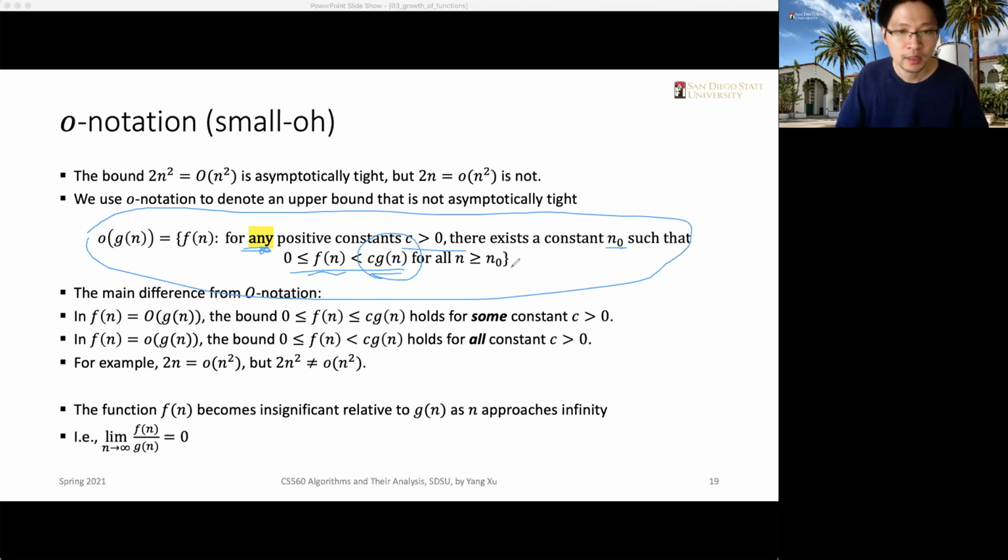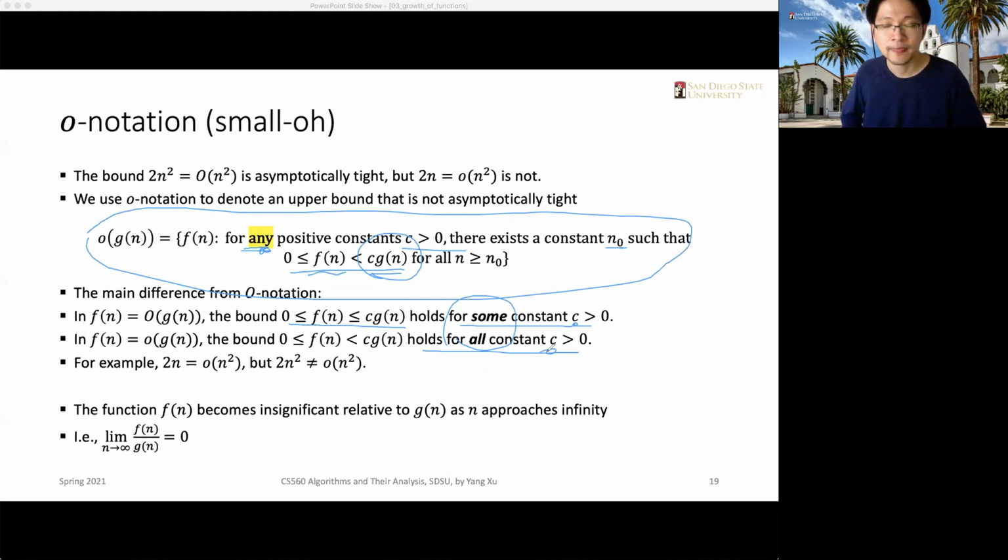All right. So the difference, as I highlighted here, the big O asks this inequality to hold for some constants. Okay, and in order to prove the big O notation, all we need to do is to find some constants. But for the small o notation, we should prove that it applies to all the constants. So which is essentially a different question, and which is also much harder.